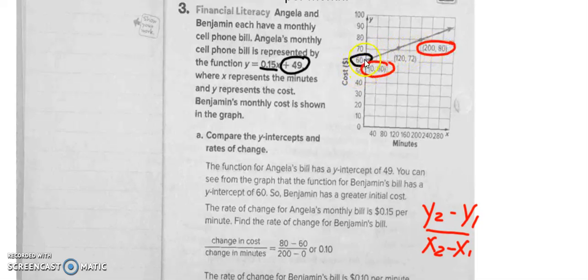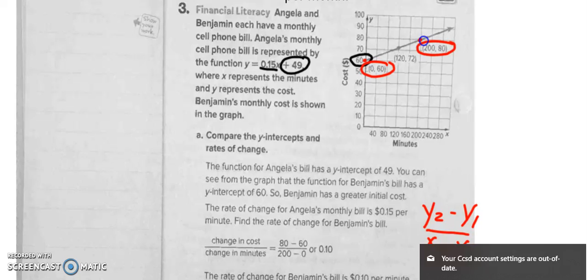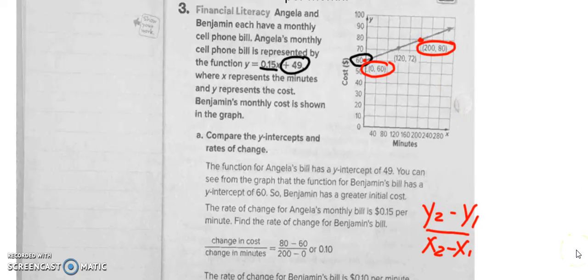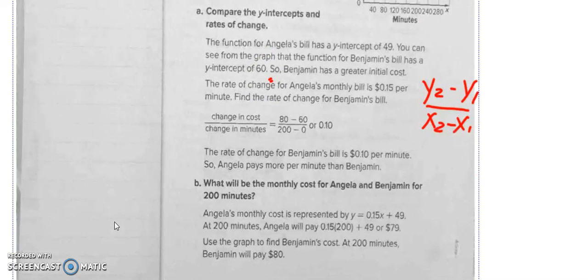Now we actually don't even have to use 2 points right next to each other. When we simplify our slope, we will end up with the same slope as if I had used this point 120, 72. So anyway, we have our y's plugged in on the top, so we have 80 minus 60, and then our x's plugged in on the bottom, 200 minus 0, and they've just gone ahead and divided that to find that it's 0.10, which would be 10 cents per minute.